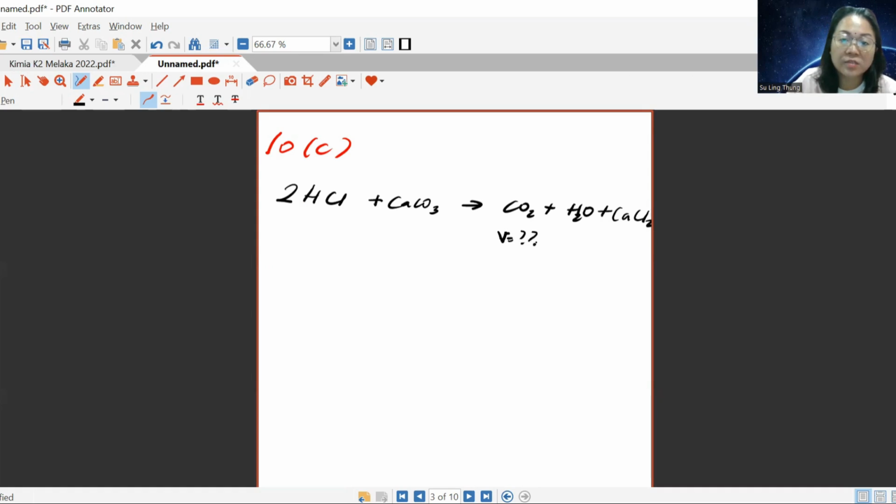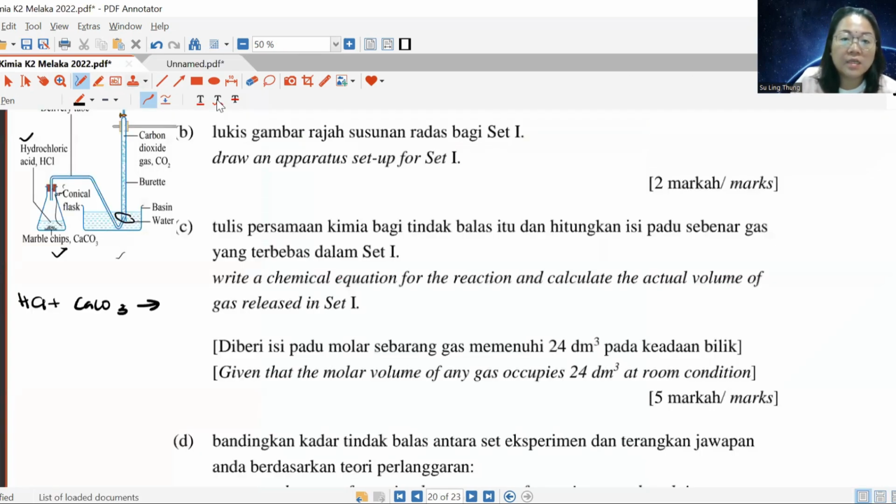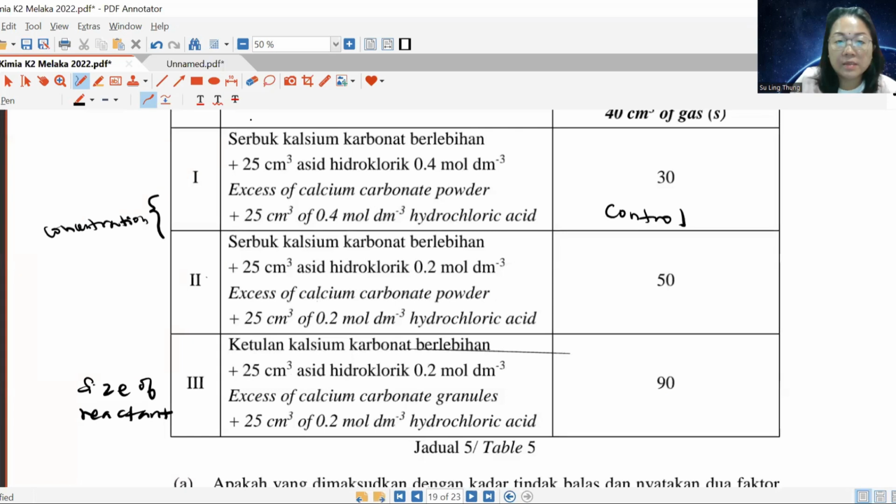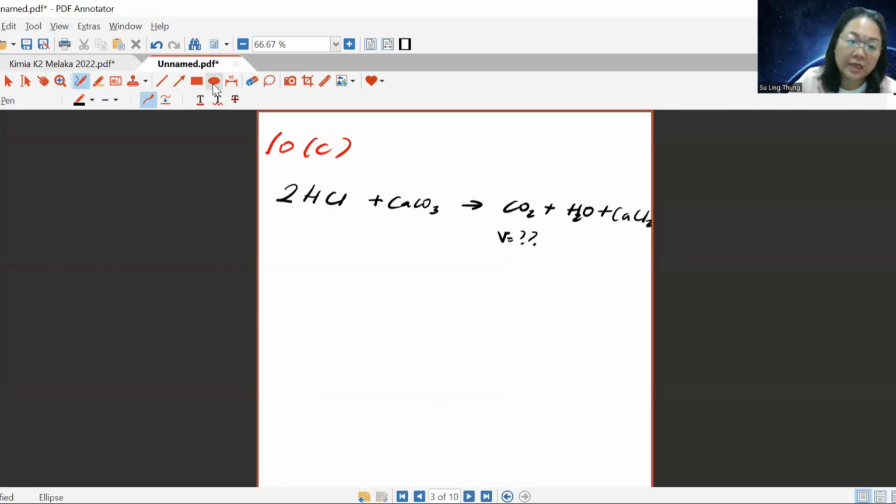Volume, how much? Okay, given set 1, you've got 25 cubic cm of 0.4. Okay, so volume of 25, molarity is 0.4. So again, in chemistry, it is always about calculation of mole.